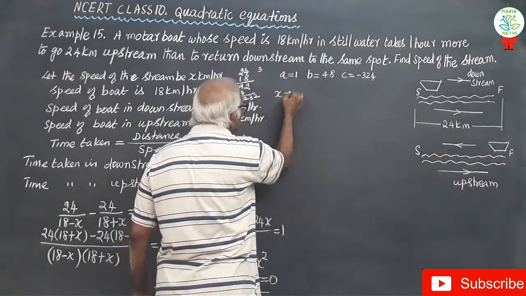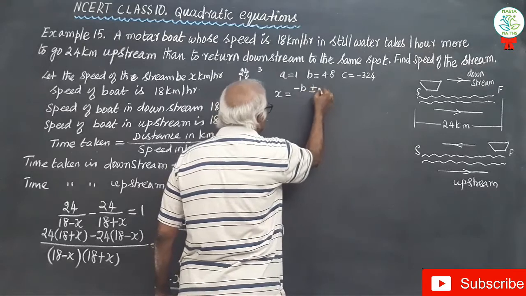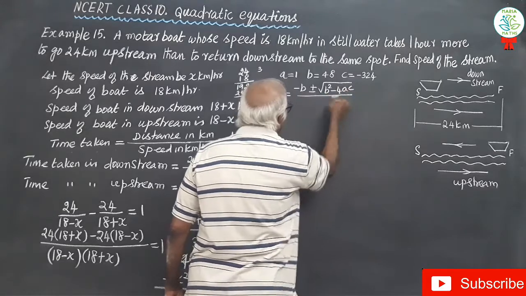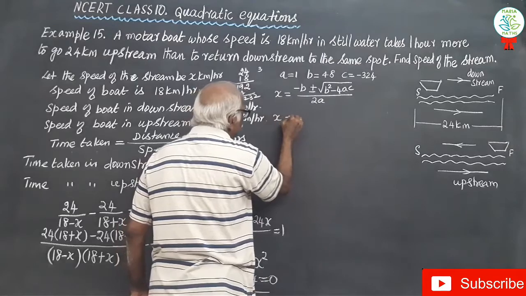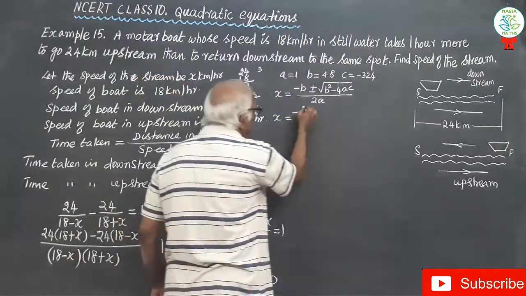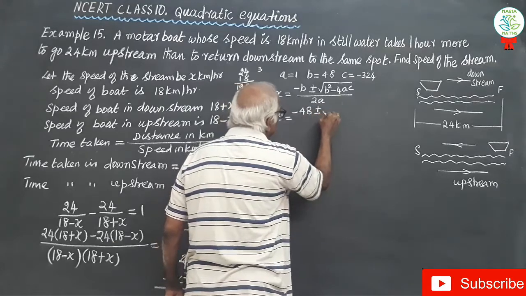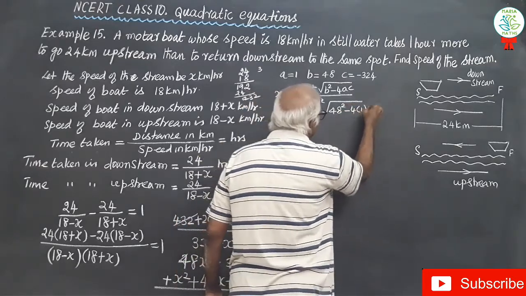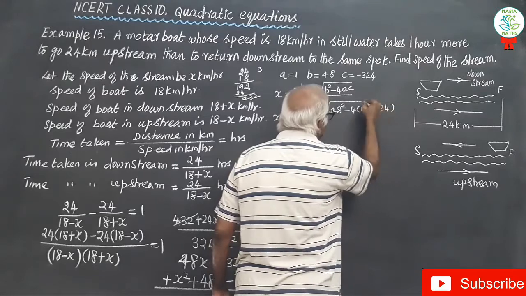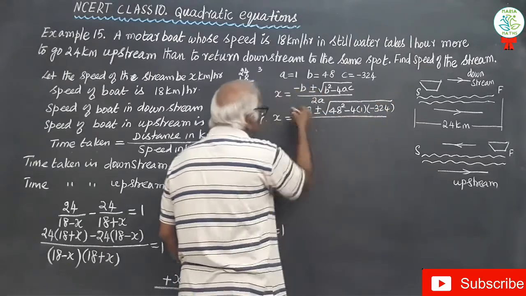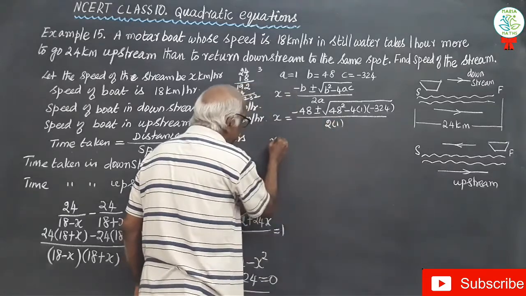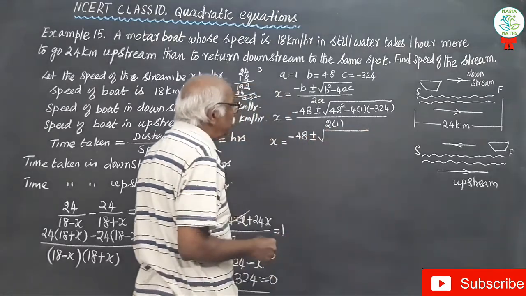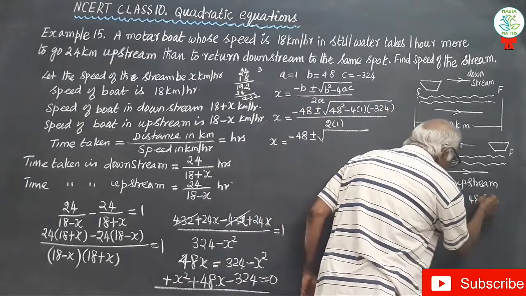Now the formula: x is equal to minus b plus or minus square root of b square minus 4ac, by 2a. x is equal to minus 48 plus or minus square root of 48 square minus 4 into 1 into minus 324, by 2 into 1. Now we have to square 48, 48 into 48.